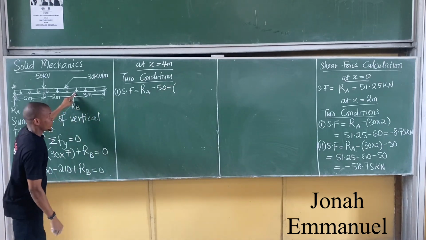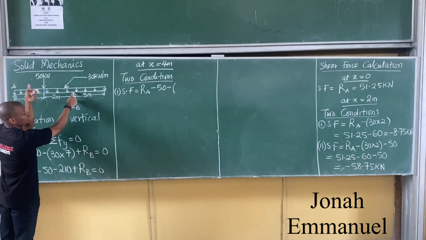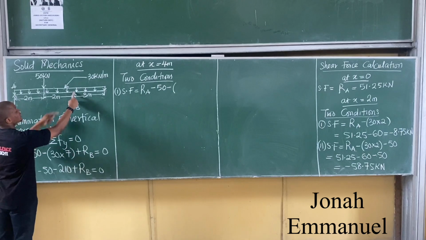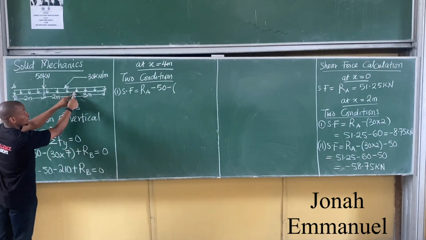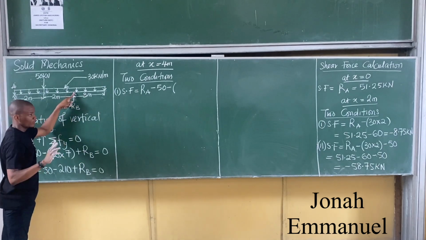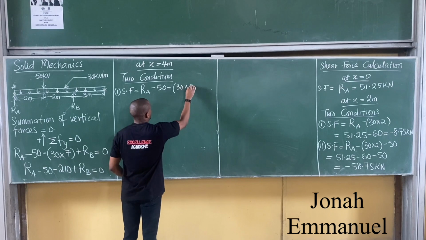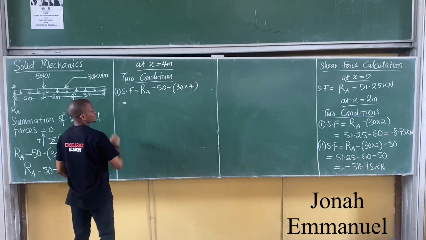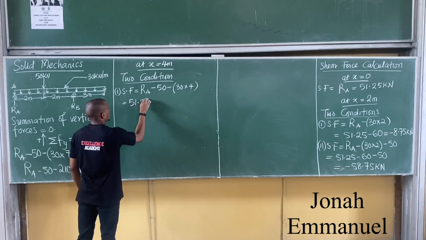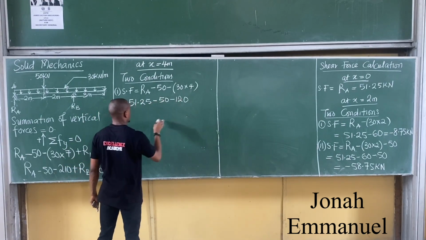Your concept will now be to convert the UDL to a point load. So multiply the UDL by its distance. In this case, I'm considering the distance as 4. It becomes 30 times 4. That's all. In values, RA is 51.25 minus 50 minus 120.